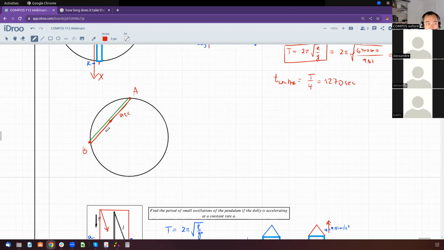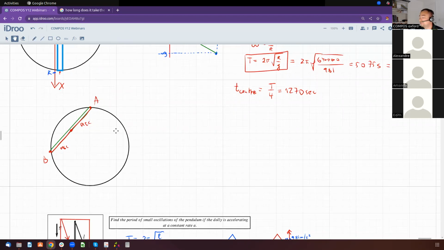And no matter where A and B are on the surface of the planet, it could be a train from London to Sydney, London to Paris, or London to New York, it would always take exactly the same time, half of the time that we had. So 1 hour 25 is about 42 minutes approximately.